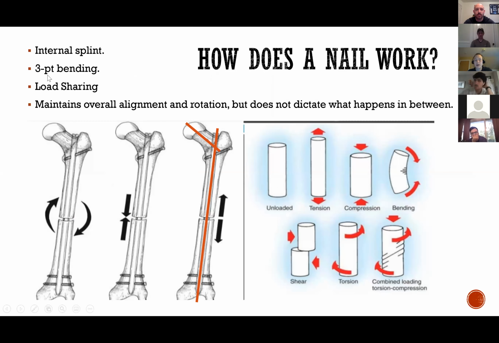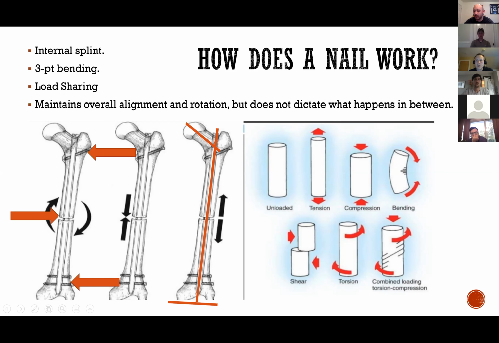And it works by two mechanisms through a 3-point bending model, where the forces are being applied to the bone in multiple areas as gravity is affecting the bone. And this nail is impacting the endosteal cortex here, and the screws are holding it here and here so that it resists 3-point bending.